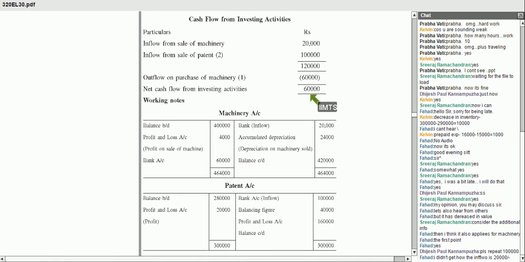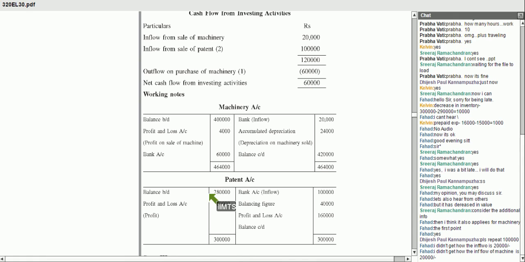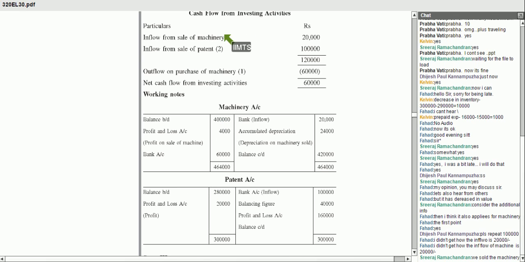I did not get how the inflow is 20,000. Which value are you talking about, Fahad?